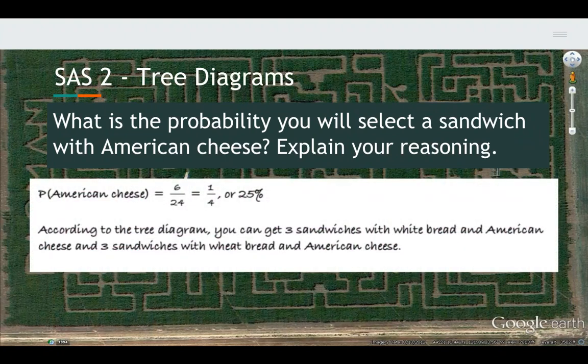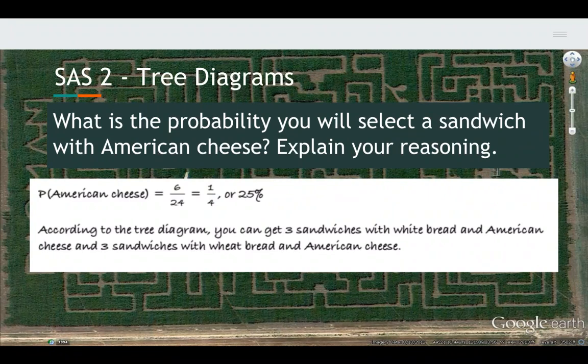When you look at it through the lens of a tree diagram, you have 6 of 24, because each one of the 4 cheeses comes off of either wheat or white. American cheese only comes off of one of each of the meats. That's 1/3 on the wheat and 1/3 on the white, and that means that we have 1/3 plus 1/3.